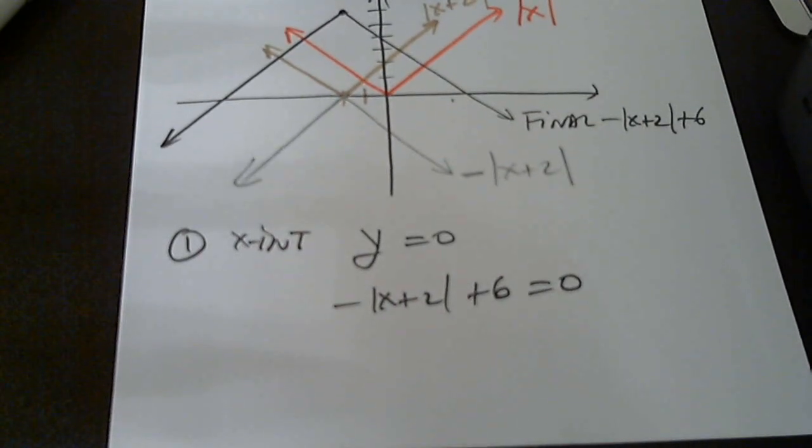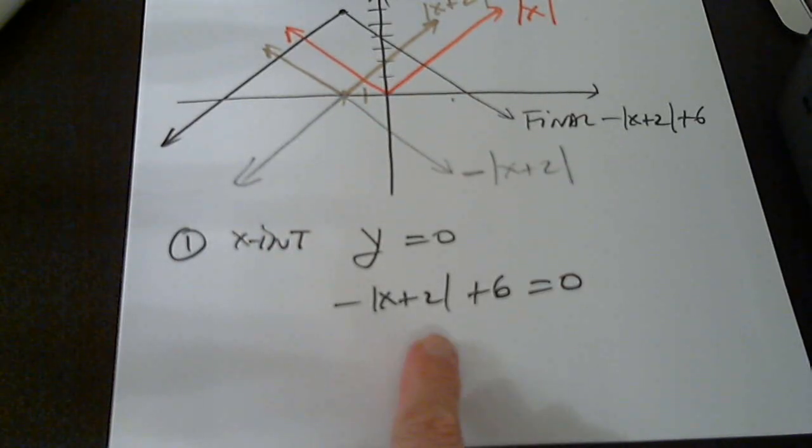What is the first step, please? And please do not say to distribute negative 1. Absolute value is not a grouping symbol. We cannot do that. So what will be the next step?